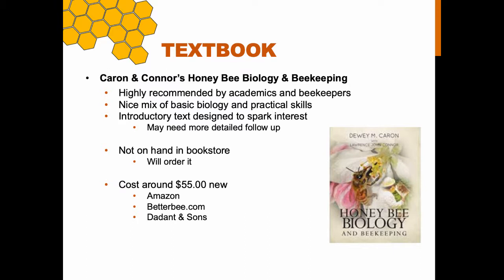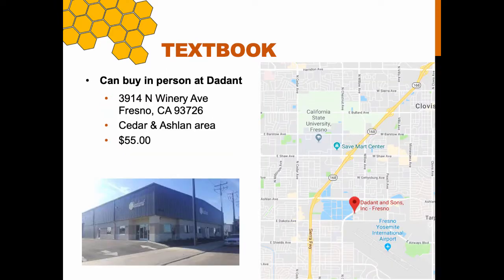Now, if you don't want to wait and order it, you can also buy it in person here in Fresno from Dadant. Dadant is probably one of the larger bee supply retailers in the country, and they have one store in California, and it's here on Winery Avenue in Fresno, just south of campus.